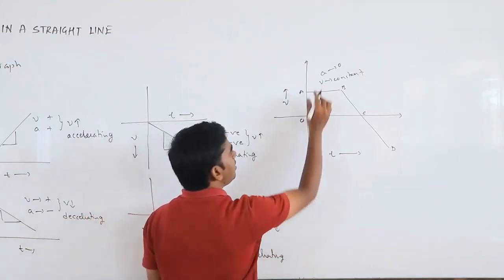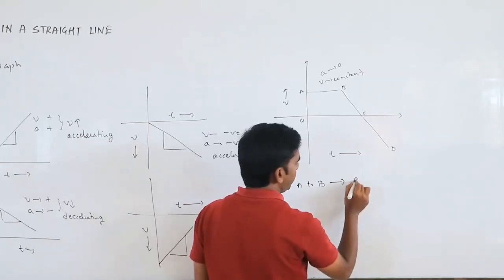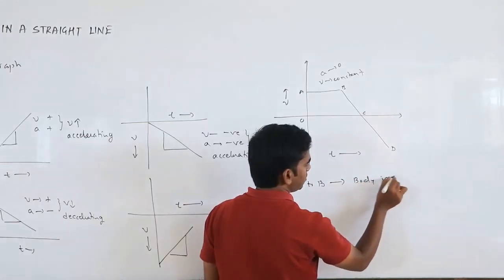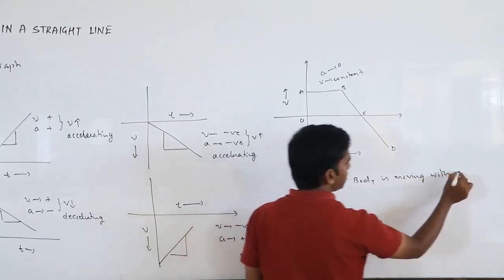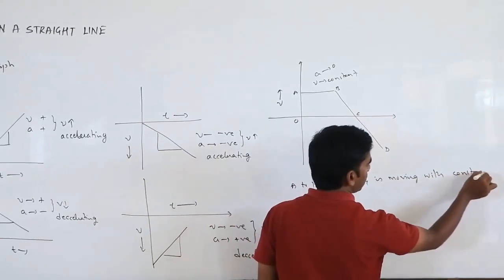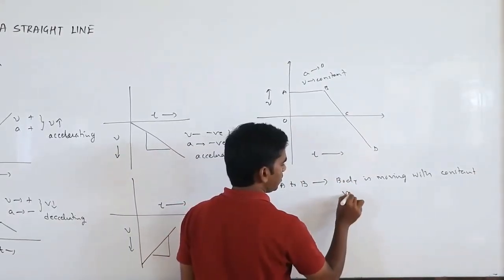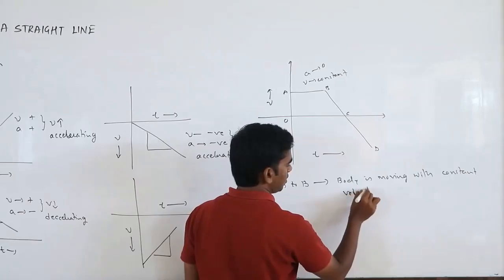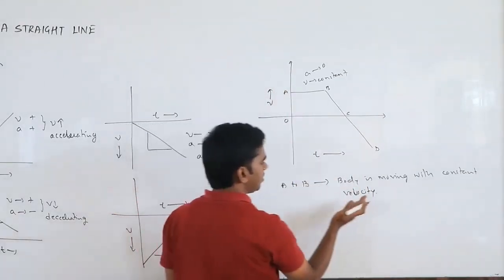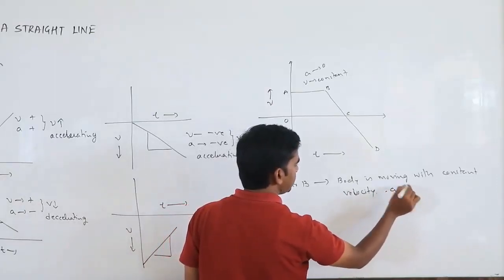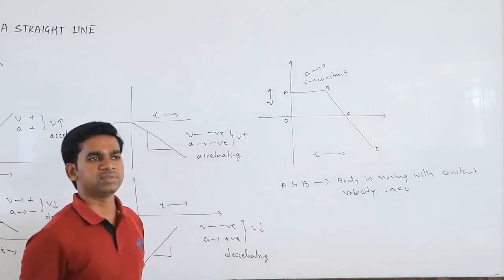So from A to D, the body is moving with constant velocity. What about acceleration? Acceleration is 0 whenever velocity is constant, so the body is not accelerating, you are not increasing the speed.